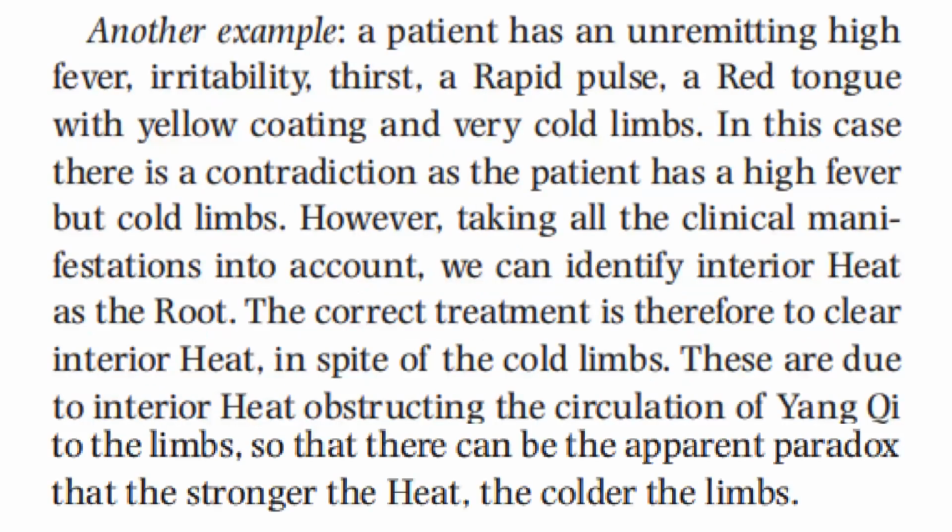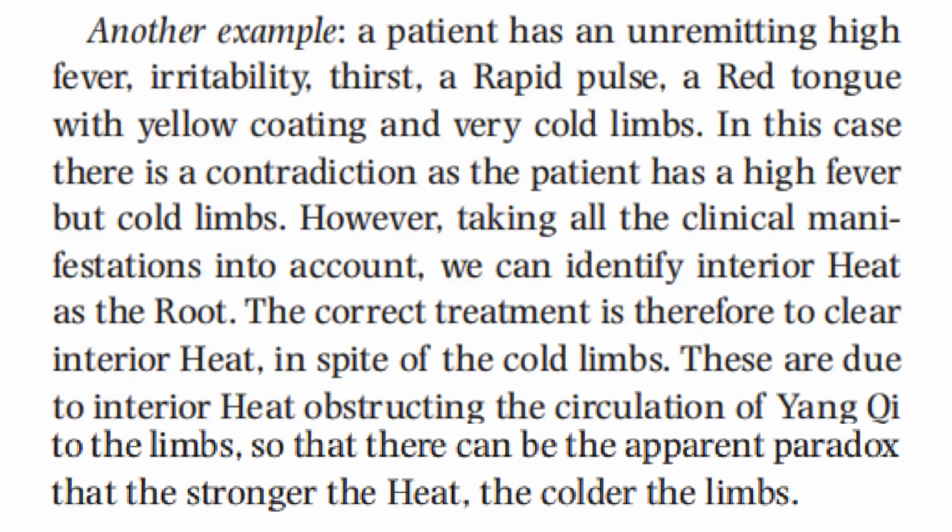Another example: a patient has an unremitting high fever, irritability, thirst, rapid pulse, red tongue with yellow coating, and very cold limbs. In this case, there is a contradiction, as the patient has a high fever but cold limbs. However, taking all the clinical manifestations into account, we can identify interior heat as the root.